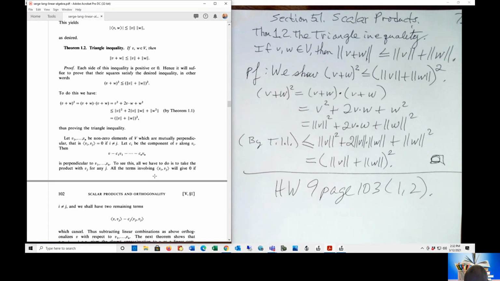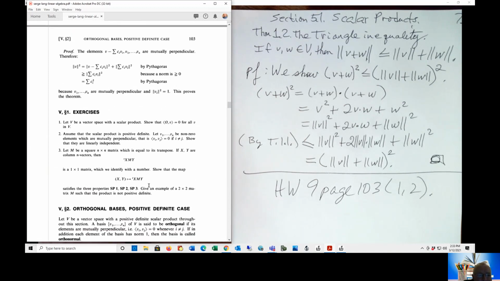Now the right-hand side is a perfect square, namely the norm of V plus the norm of W, all quantity squared. So we have some familiar theorems: the Pythagorean theorem, the triangle inequality, the parallelogram law, and this is the summary of section 5.1.